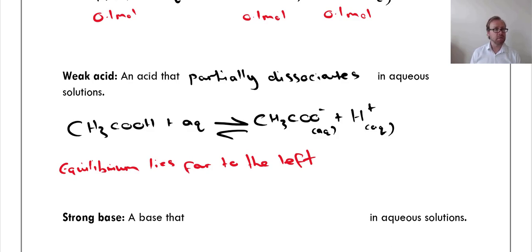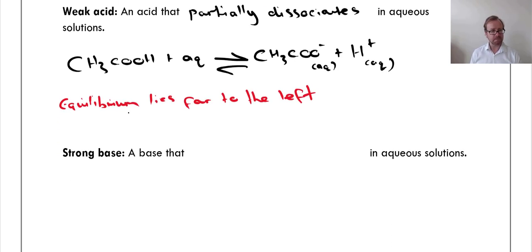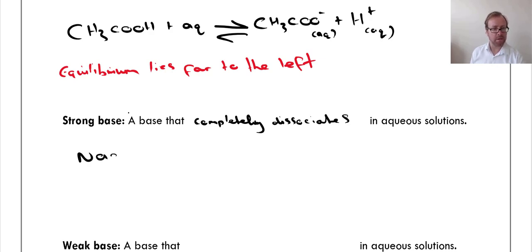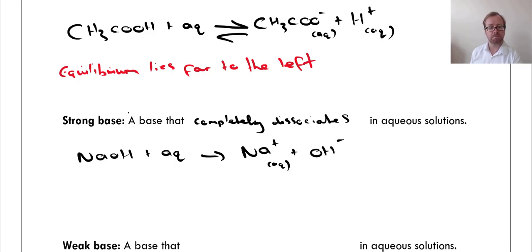Okay? So, strong base. A base that completely dissociates in aqueous solution, e.g. NaOH plus AQ, and it will form our hydroxide ions.